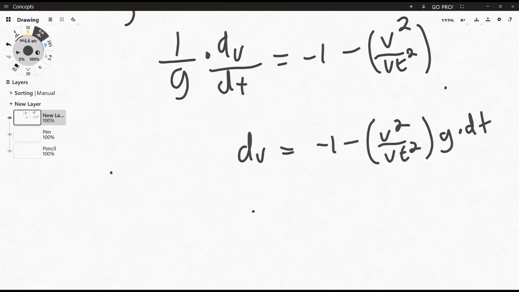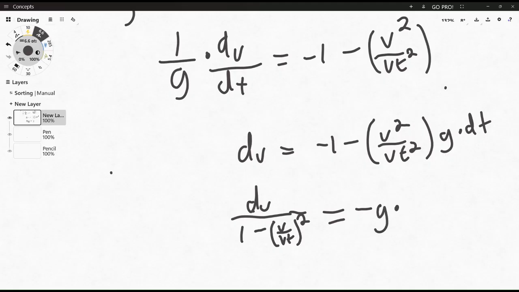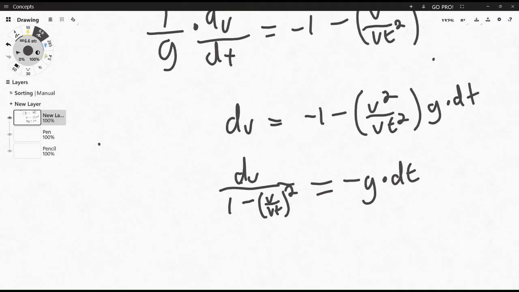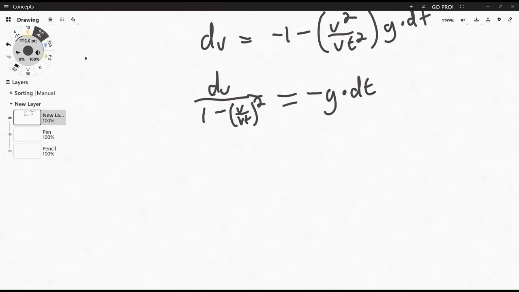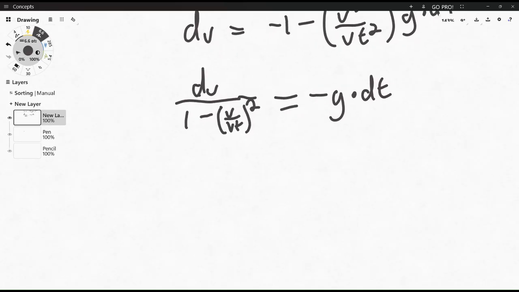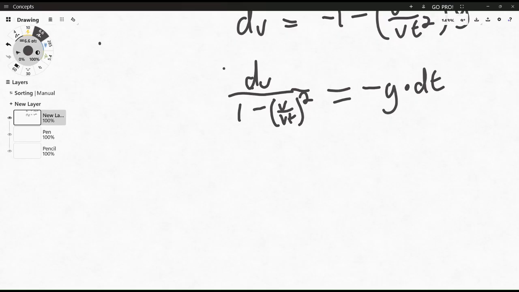Now I'm going to leave the negative here, and I'm just going to take dv over 1 minus V over VT, everything squared, equals -g times dt, right here. Now I'm going to integrate both sides.